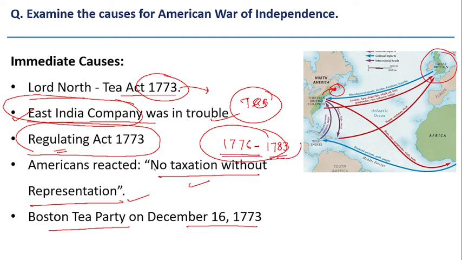During this war, the French also supported the American colonists, and finally in the Treaty of Paris, Great Britain accepted the independence of the 13 British colonies. So these are various causes for the American War of Independence.